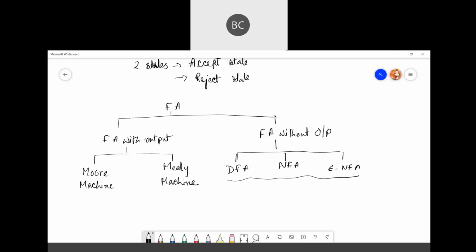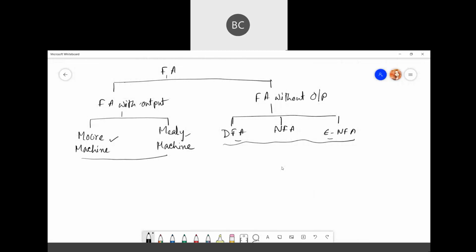First we will learn about without output, then with output. With output means if it accepts an input, it will also provide an output. In DFA and NFA there is no output, only the accept state or the reject state.